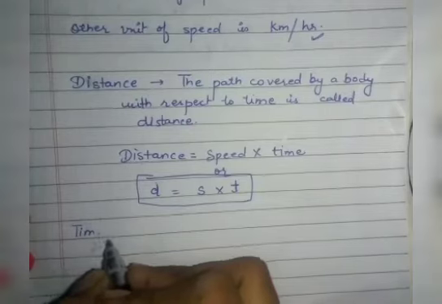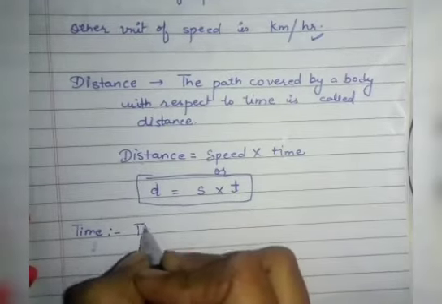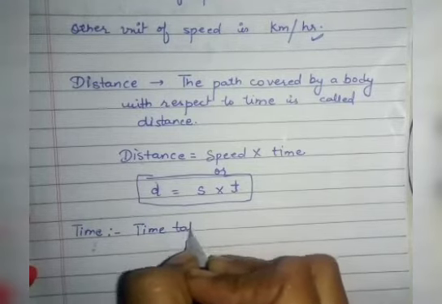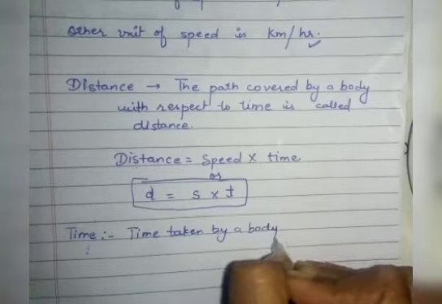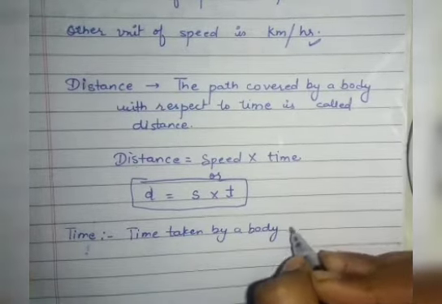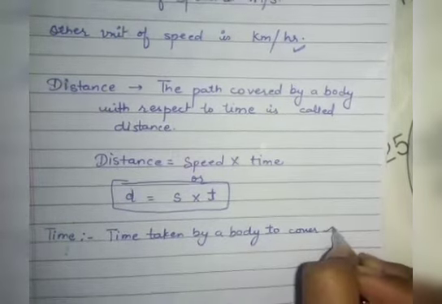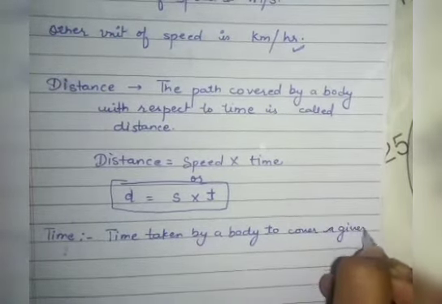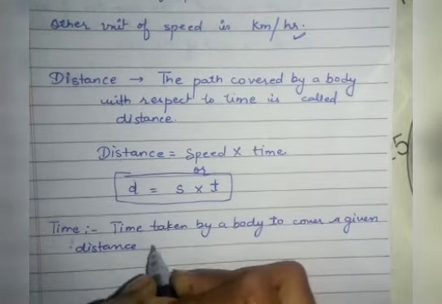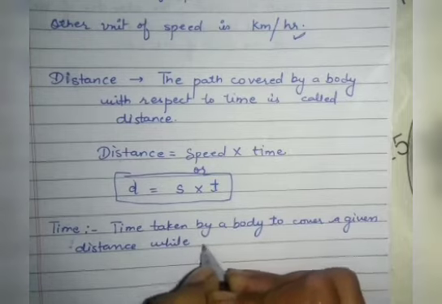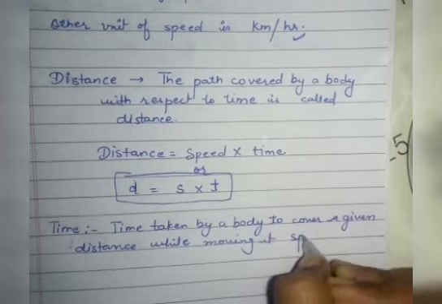Next topic is time. Time taken by a body, body means object, to cover a given distance while moving at a specific speed.